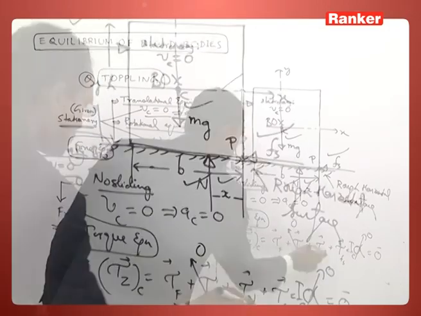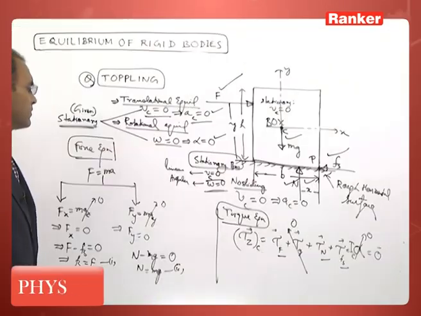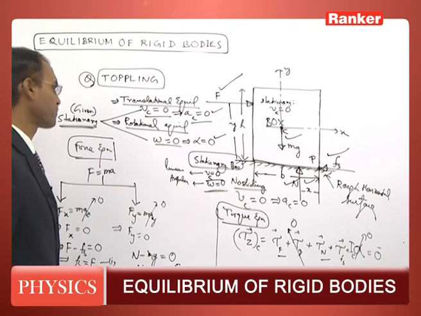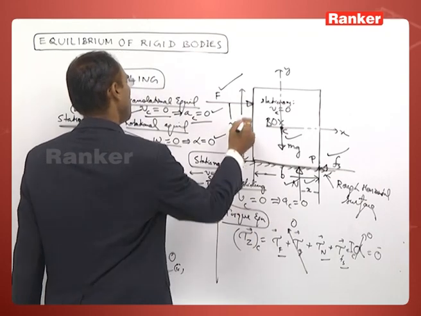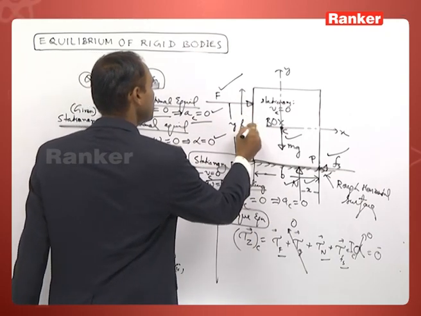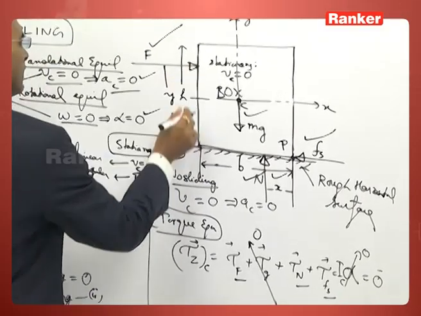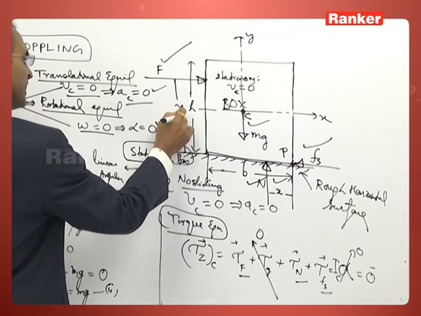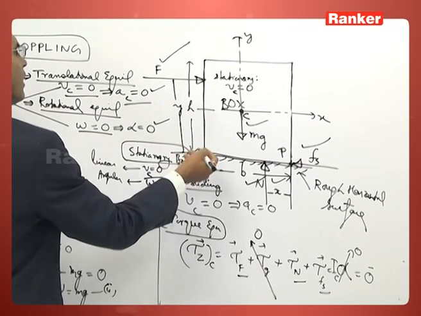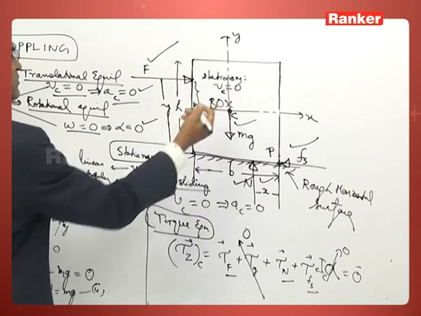Now the three torques will be added to get 0. Let us assume that from the ground the force is acting at a distance y. In this way also you can write, or from the center of mass also you can take y.